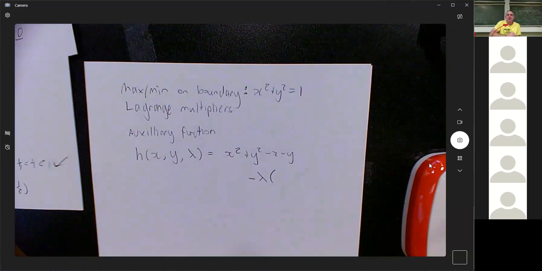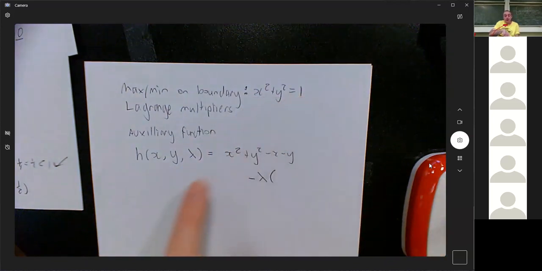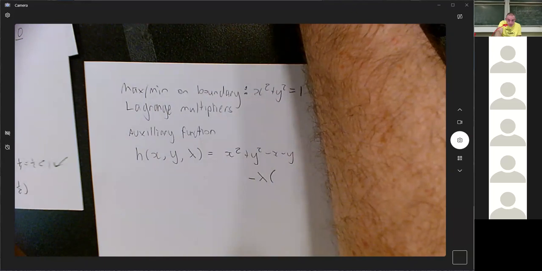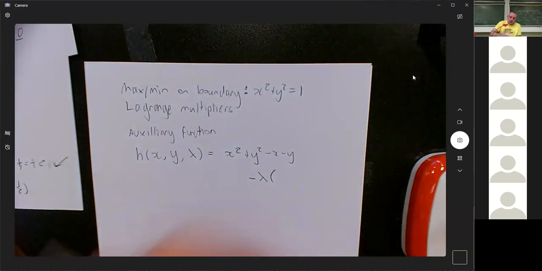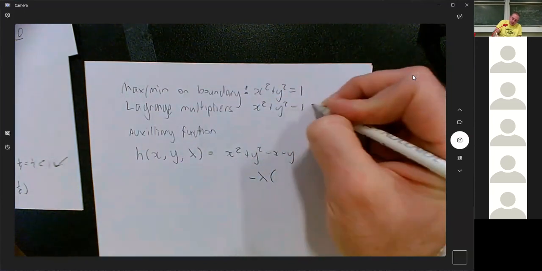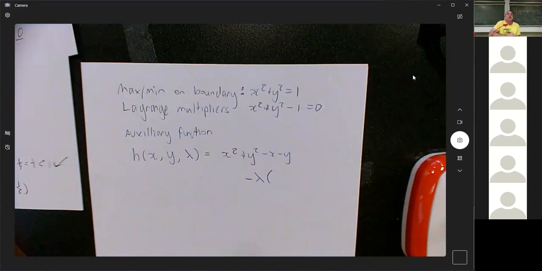So it's probably a good idea to write down the equation of the boundary to begin with, and then we have to arrange that constraint in such a way that it's equal to 0. It doesn't really matter how you do it. It needs to be equal to 0 for this process to work.